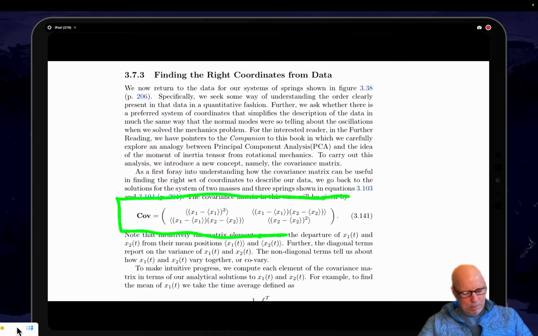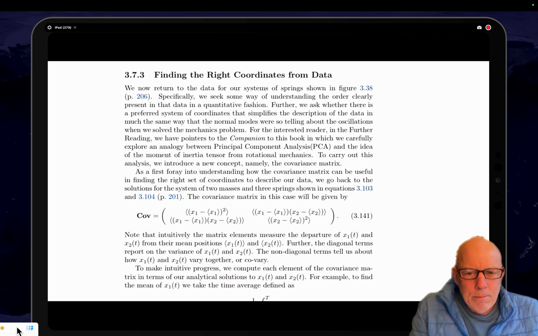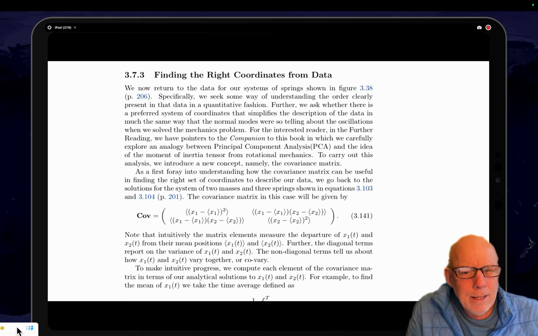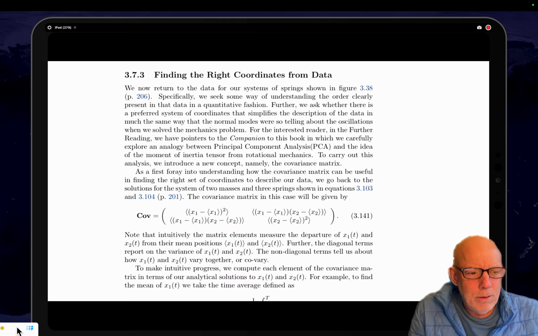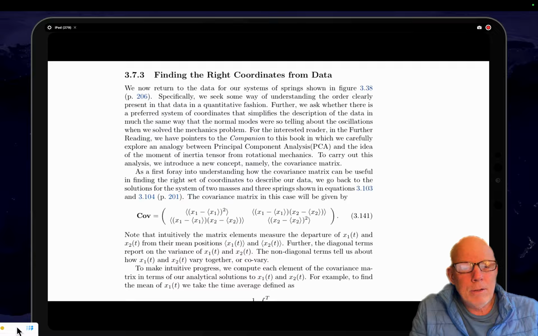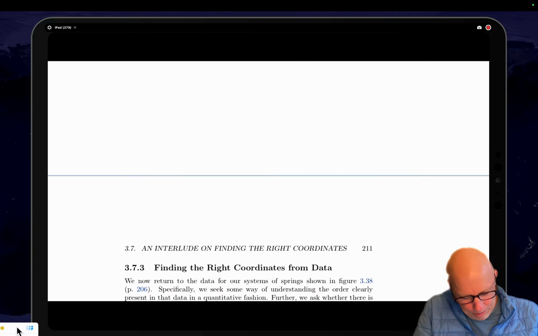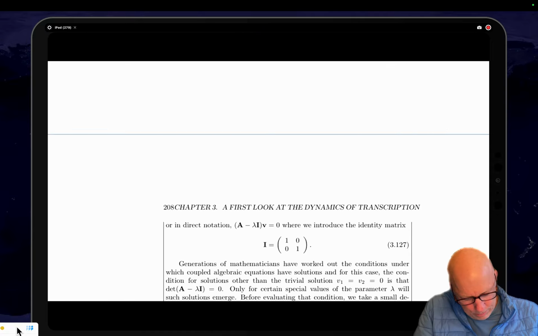Here is the covariance matrix. Now, I'm going to show you two ways to go after this. Method number one is we're going to take the analytic solutions for x1 and x2, and that will permit us to compute the elements of the covariance matrix analytically. The second way is to compute the elements of the covariance matrix by sampling these time series.